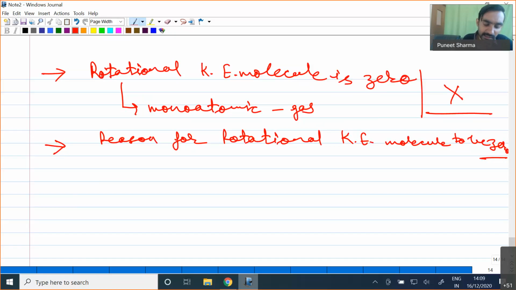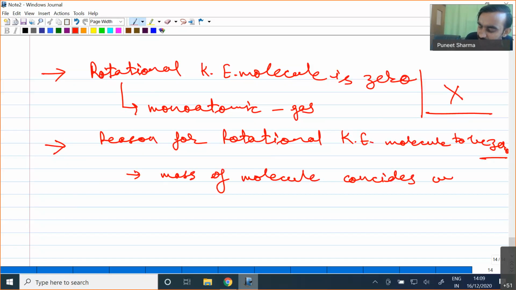But the correct answer would have been that the mass of the atoms is actually located on the axis of rotation, a situation where the mass of the molecule coincides with the axis of rotation. That would have been the correct option.